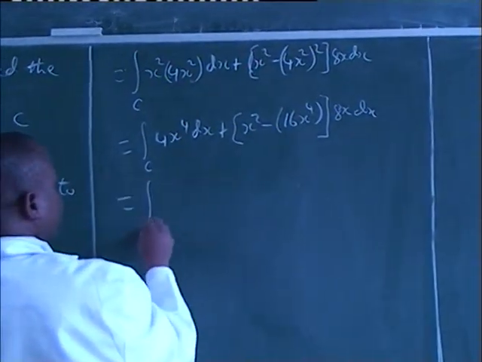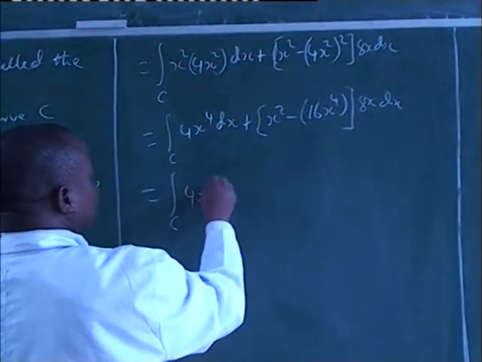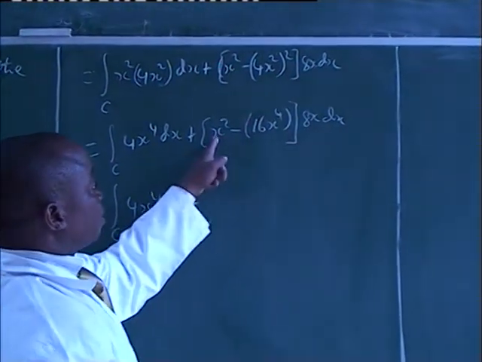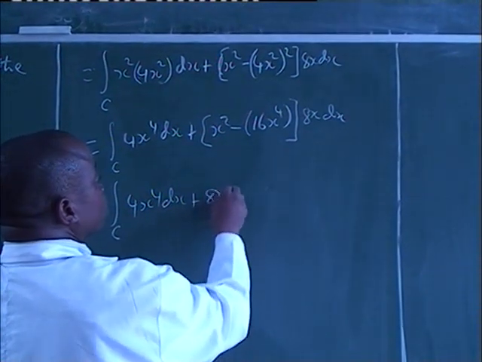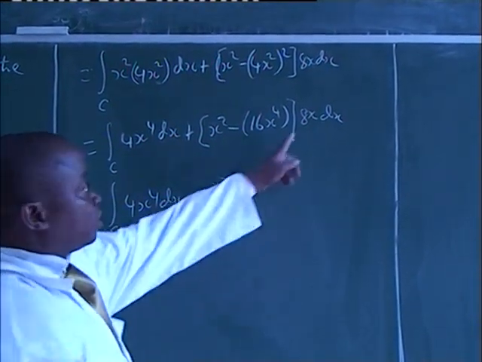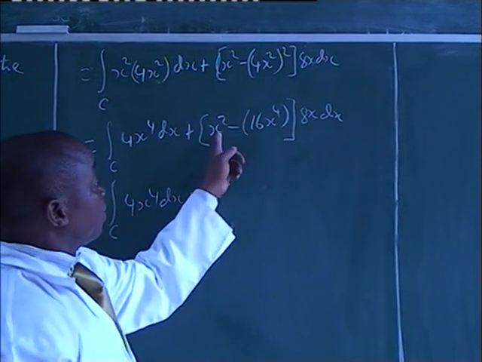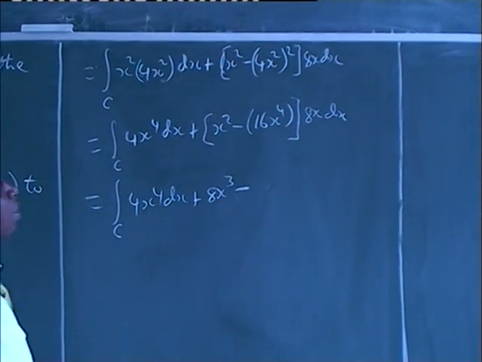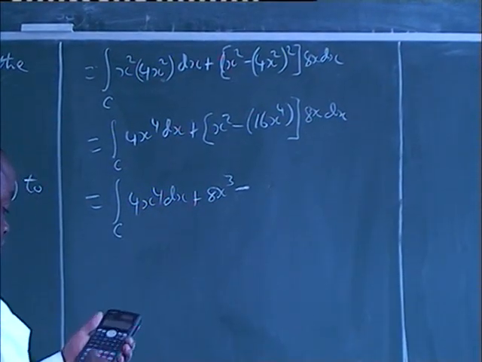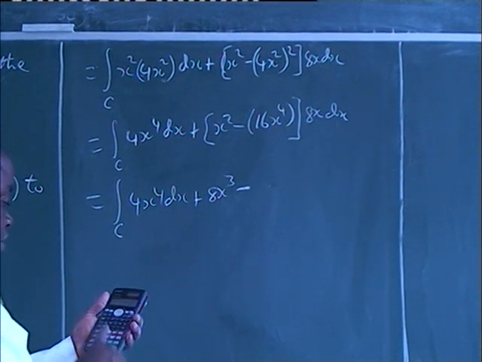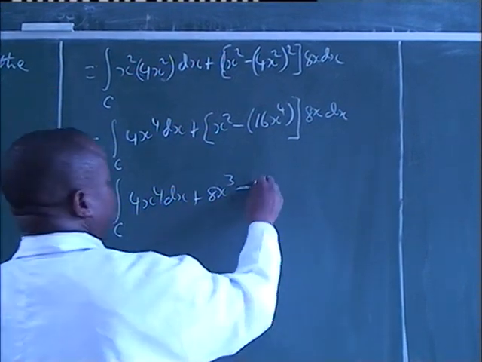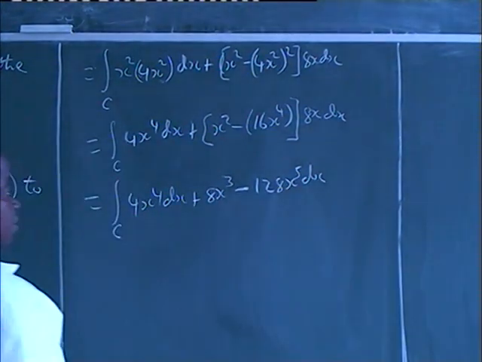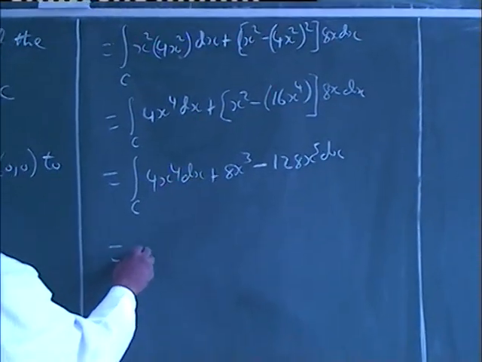So that will give us the integral of 4x to the power 4 dx plus 8x cubed, because there is x here, minus 16 times 8, which gives us 128, so minus 128x to the power 5 dx.